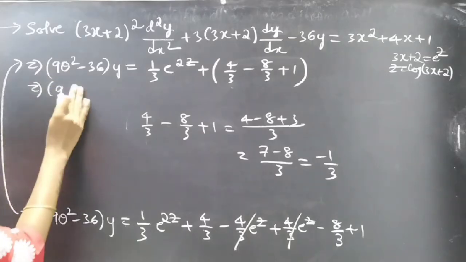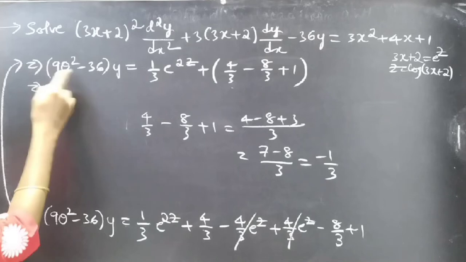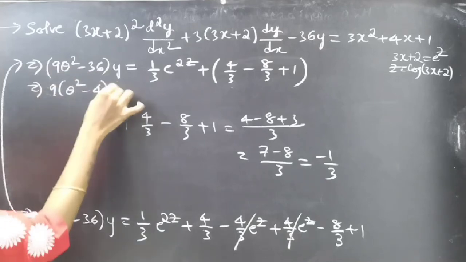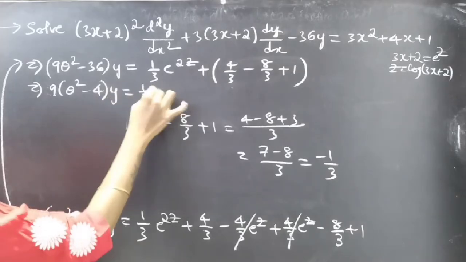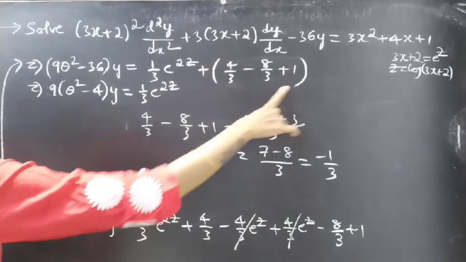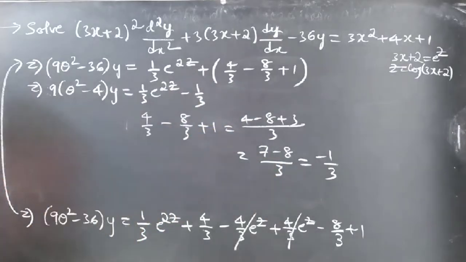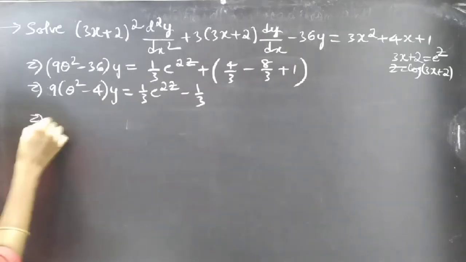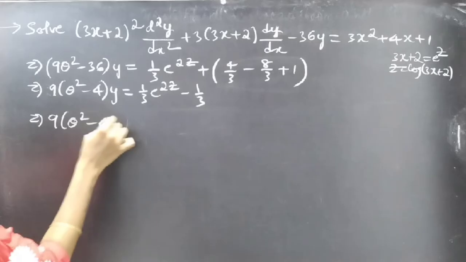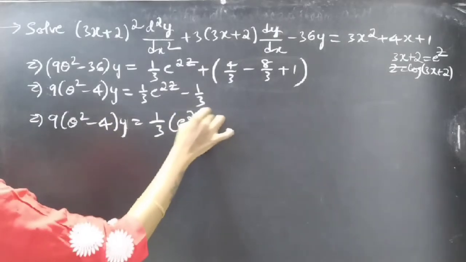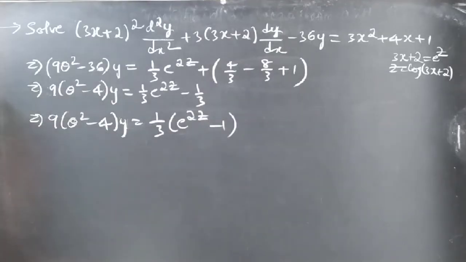Then the above equation becomes, take 9 common from these two terms, we'll get 9 times (theta square minus 4) into y equal to 1 by 3 into e power 2z. Just replace this by minus 1 by 3, okay? I'll take 1 by 3 common from the two terms of RHS, so I'll get 1 by 3 times (e power 2z minus 1).